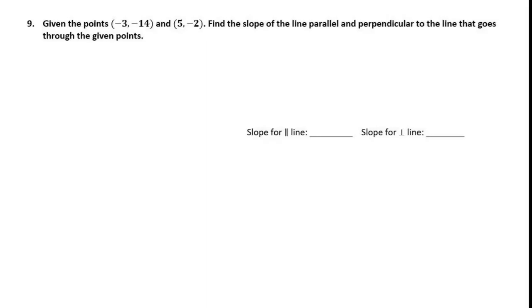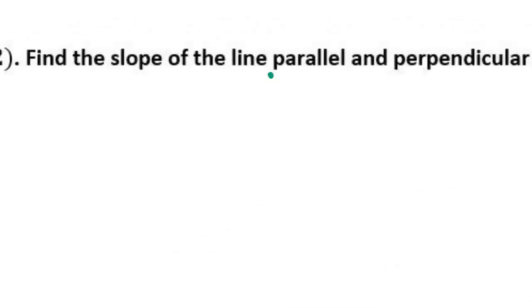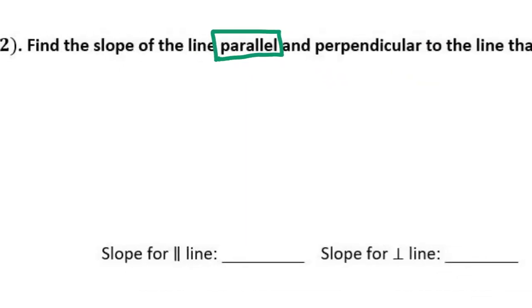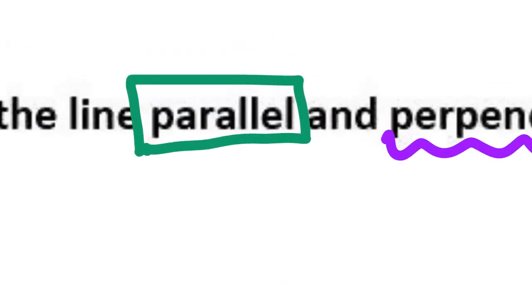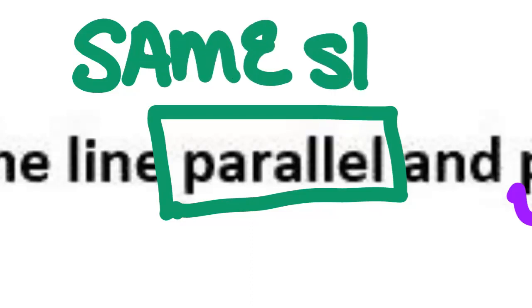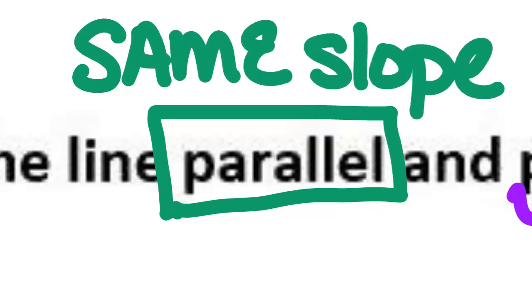So I want the slope of the line that is parallel and the slope of the line that is perpendicular to the one that goes through those 2 points that they gave me. Parallel means I want what about my slope? Same slope. And perpendicular means what again?